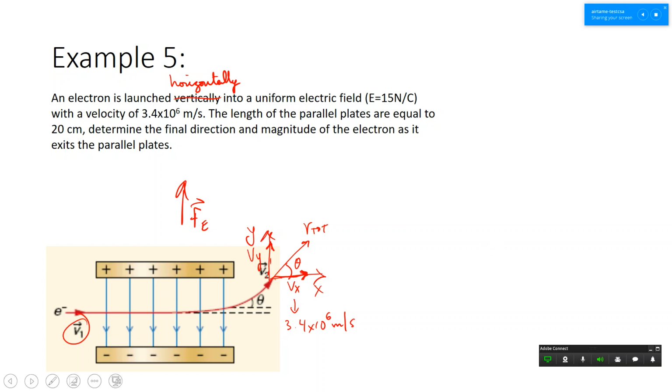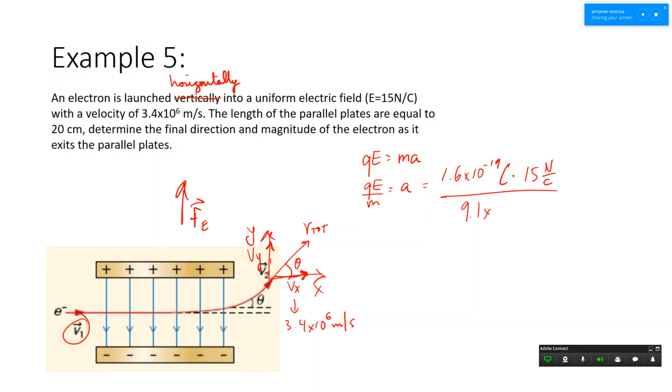So acceleration, that one's easy to find, right? We've just looked at an equation before. QE is equal to ma, and therefore QE over m is equal to a. We know the charge of an electron is 1.6 times 10 to the negative 19 coulombs, multiplied by the electric field, which is 15 newtons per coulomb, divided by the mass, which is 9.1 times 10 to the negative 31 kilograms.